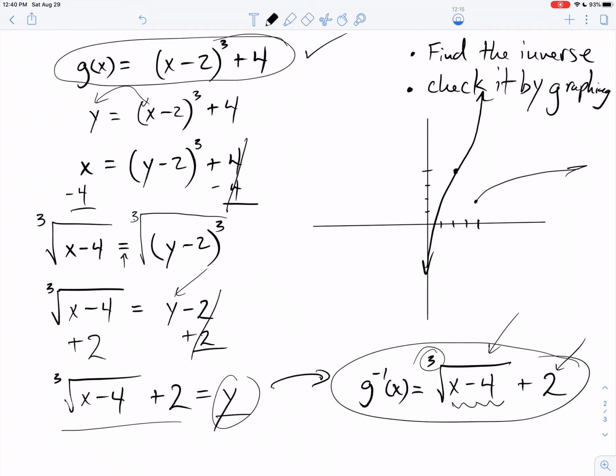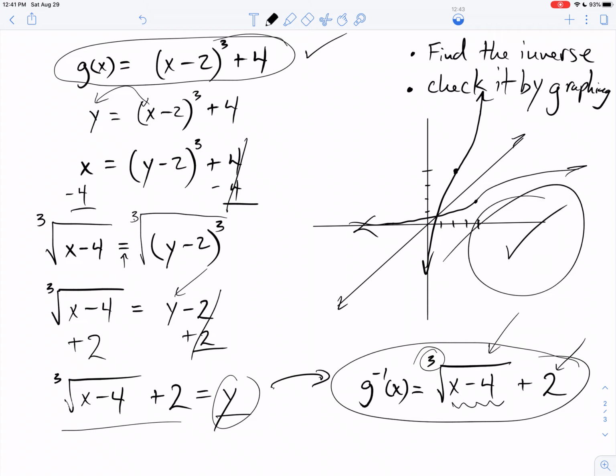If I drew my picture just a little bit better, that looks a little bit more like a mirror image to me. Remember, if you were to fold this graph over that line, you'd get the same picture on both sides. That is a visual check that I did my work correctly.